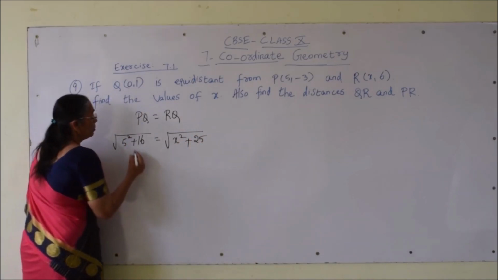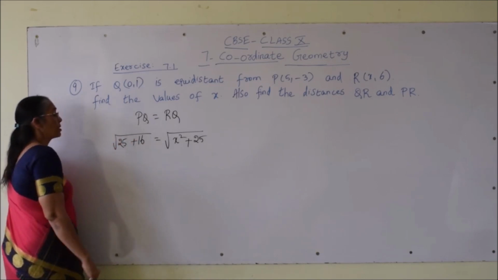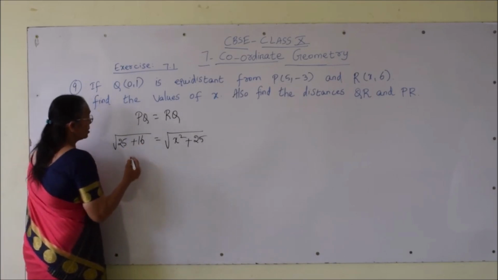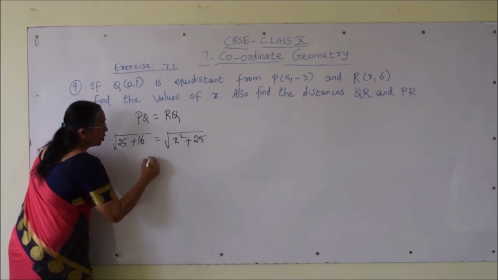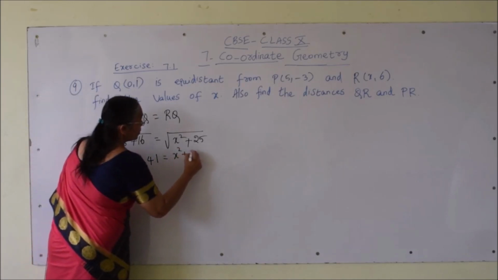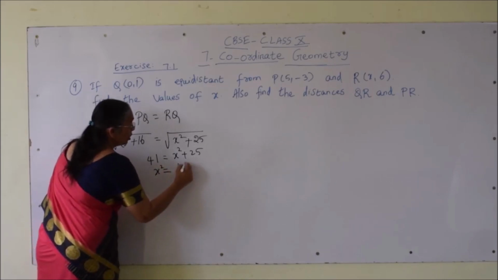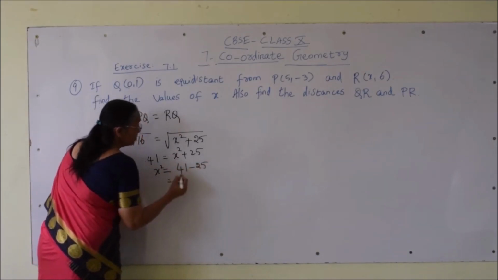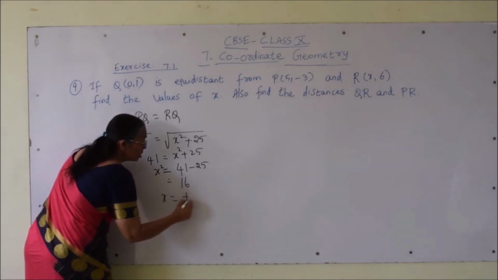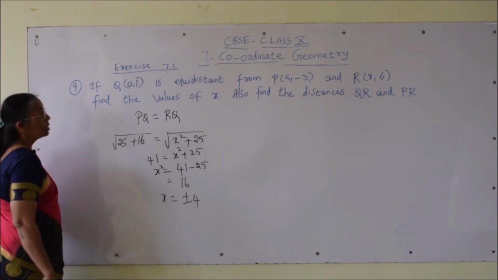Now, let us do squaring on both sides, and 25 plus 16 is nothing but 41, which is equal to x square plus 25, or x square is equal to 41 minus 25, which is 16. The x values are plus or minus 4. So, the values of x are plus or minus 4.